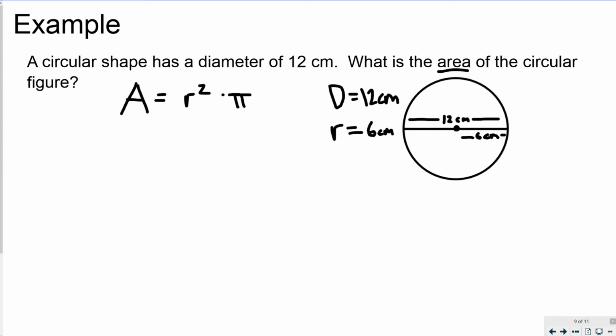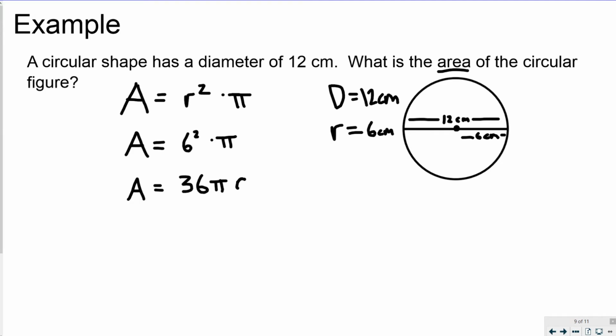So what we will do is use r in our equation. So A equals 6 squared times pi. And then what I am going to do is calculate 6 squared is 36. So I have 36 pi is my answer.